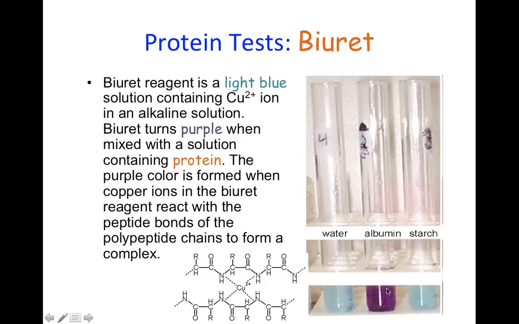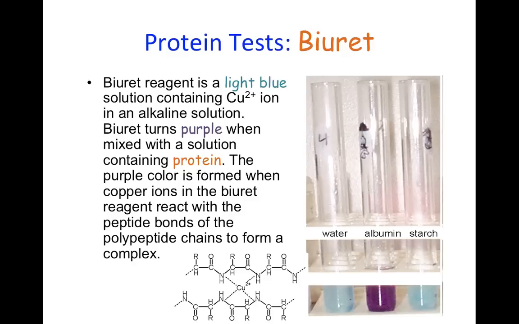For instance, the test tube with starch and the test tube with water remain light blue, because if it just contains water or starch, there's no protein present. So the biuret reagent did not change color.